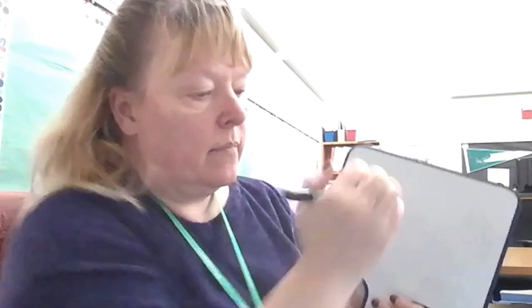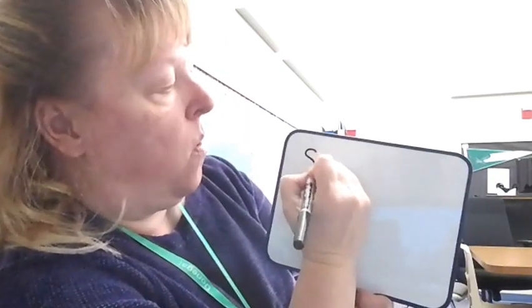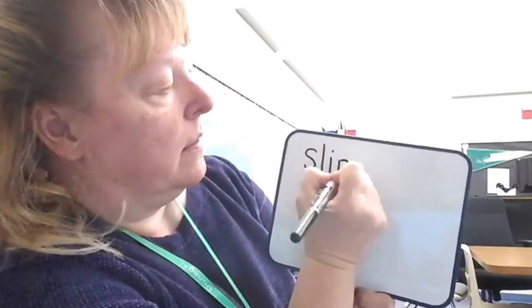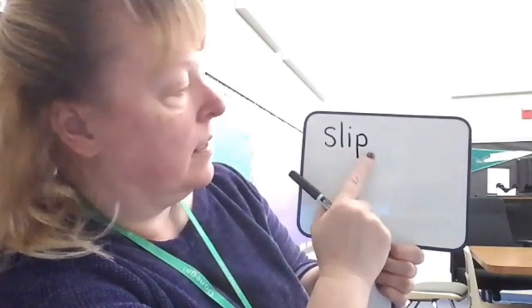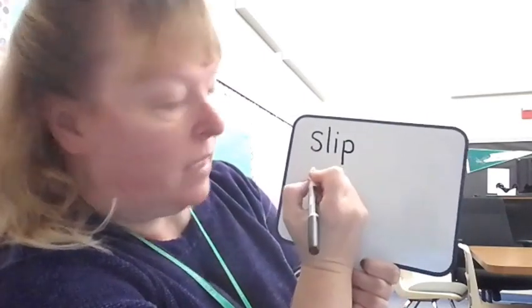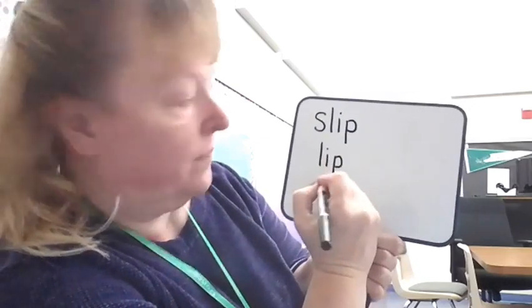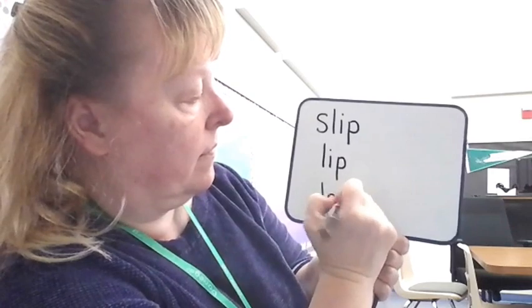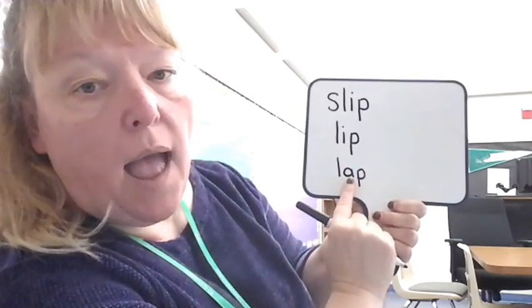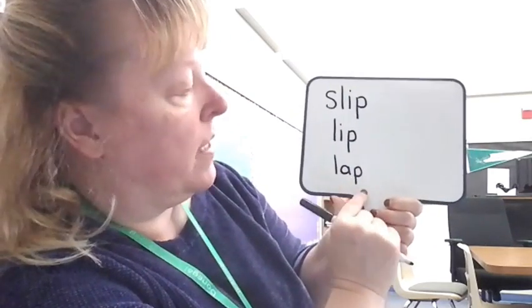Okay, now I'm going to change it just a little bit. I'm going to write the whole word. We're going to look at the vowel, I, and we're going to read the whole word. Slip. Same thing, find the vowel. I, read the whole word. Lip. Vowel, read the whole word.